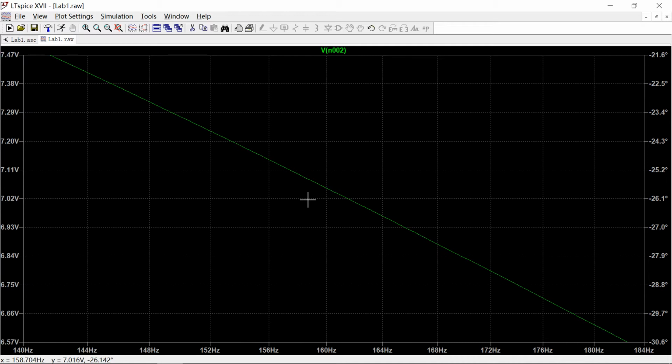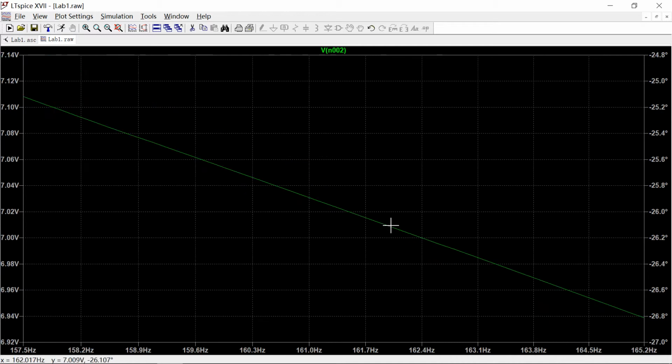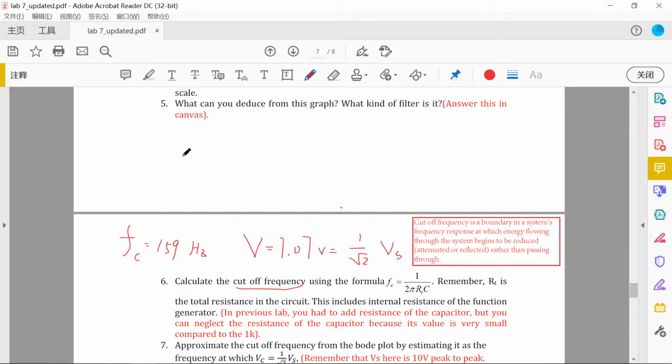Zooming in on 159, you could see at 159 Hz, the voltage is 7.06, which is shown on the lower left corner of the screen. This number equals 1 over root 2 multiplied by voltage S. Voltage S is 10.